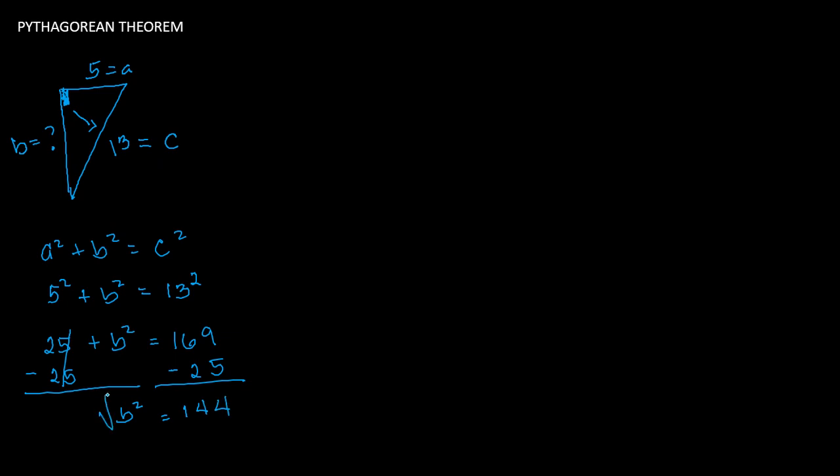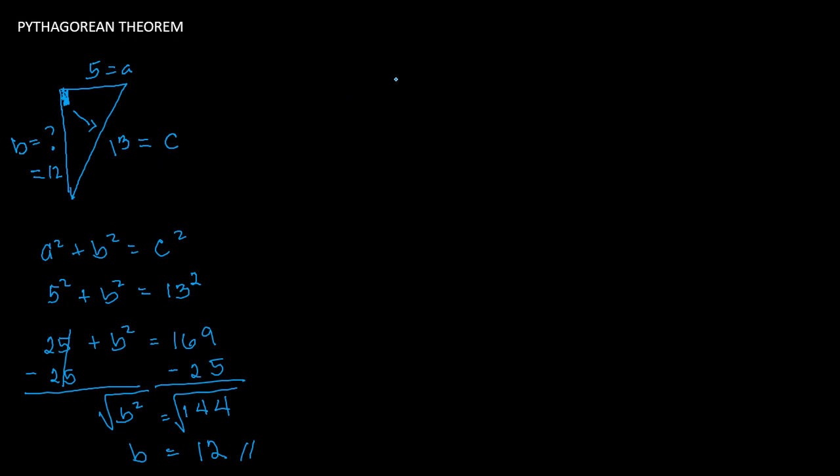Now we extract the square root. B, therefore, because the square root of b squared is b, is equal to the square root of 144, which is 12. Therefore, we say that b, or the unknown side, is equal to 12.